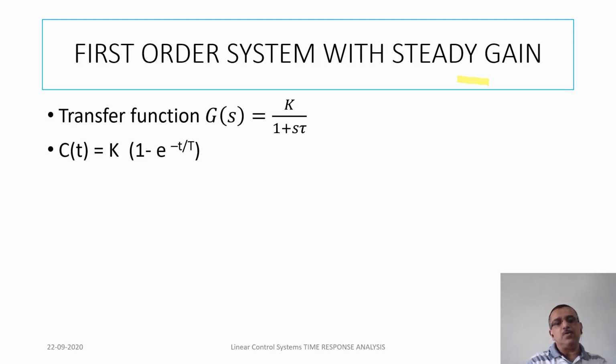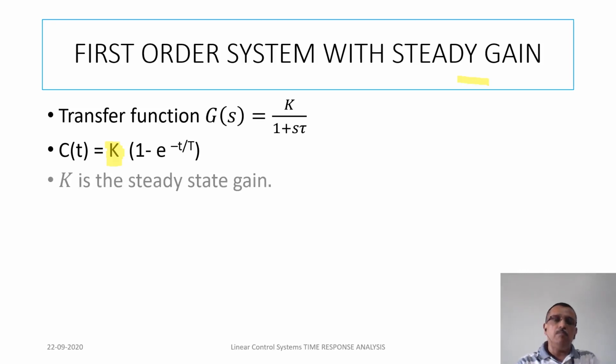The shape of the response will be the same, only thing is that it will get multiplied by K. So if K is 2, then you give a step input, it gets amplified. If K is 10, you give a step input, it gets amplified by 10 times. So K is the steady state gain.